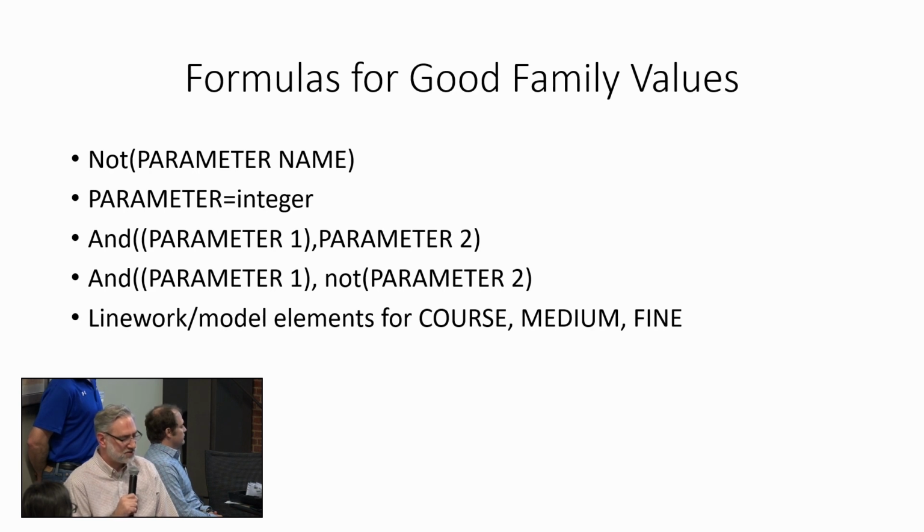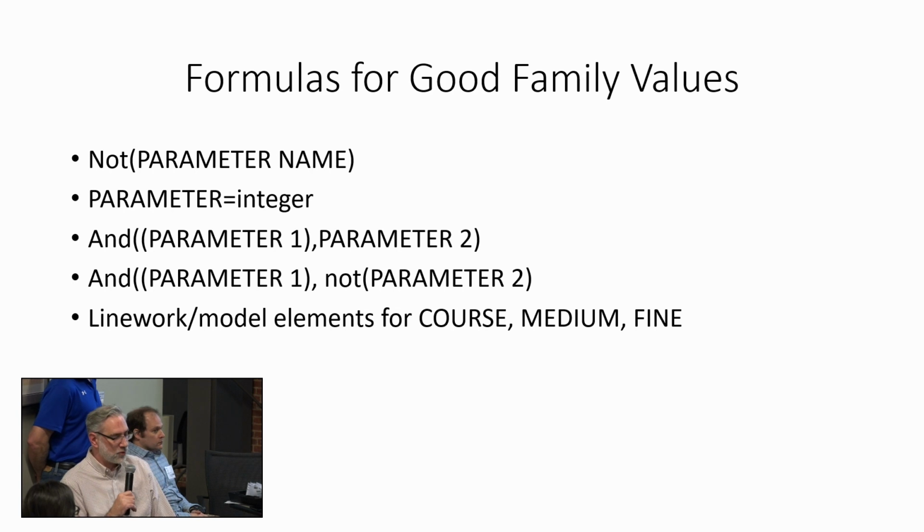The parameter equals integer would be the office equals 3, 4, 5, that sort of thing. That and the next one below it are definitely ones that allow you to generate more options besides A or B when creating a family.